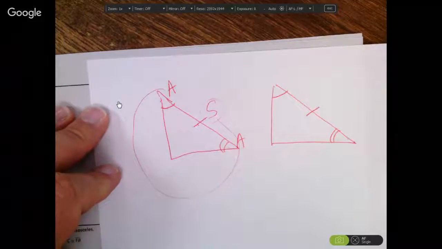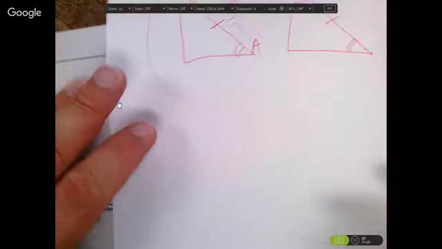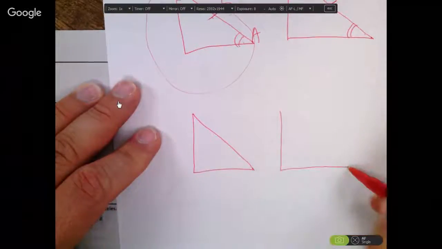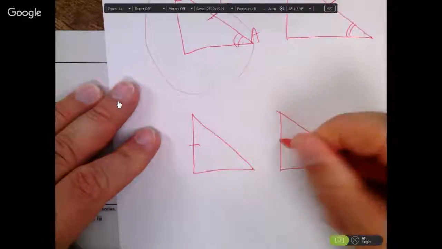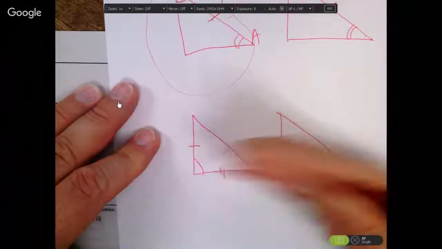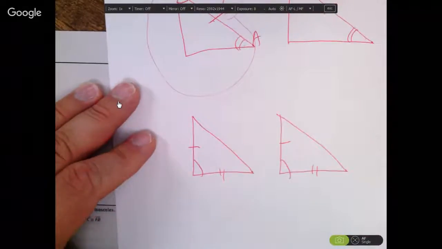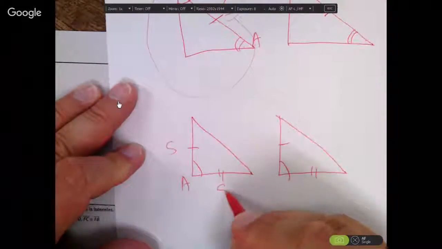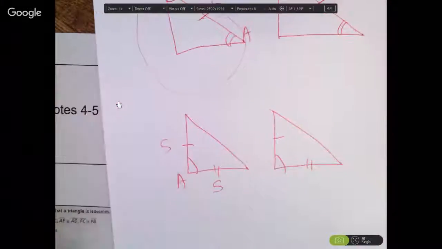Oh, wait, okay. So another one, and I didn't really go over this very much. I just kind of told you and then assumed we would be good. Okay, so say we had this one. Again, we would say this is an angle, that's a side, that's a side. And once you have them written there, the shortest possible way is what? Side angle side.